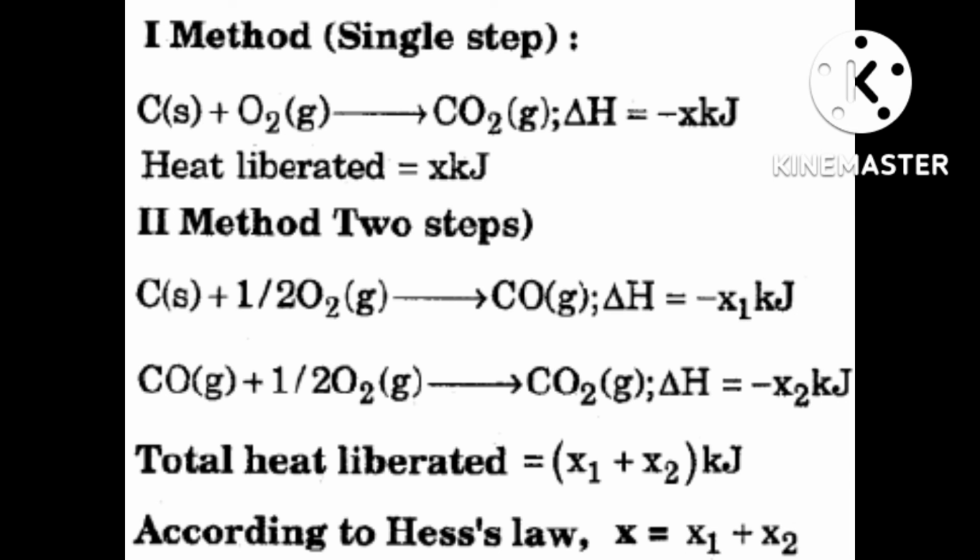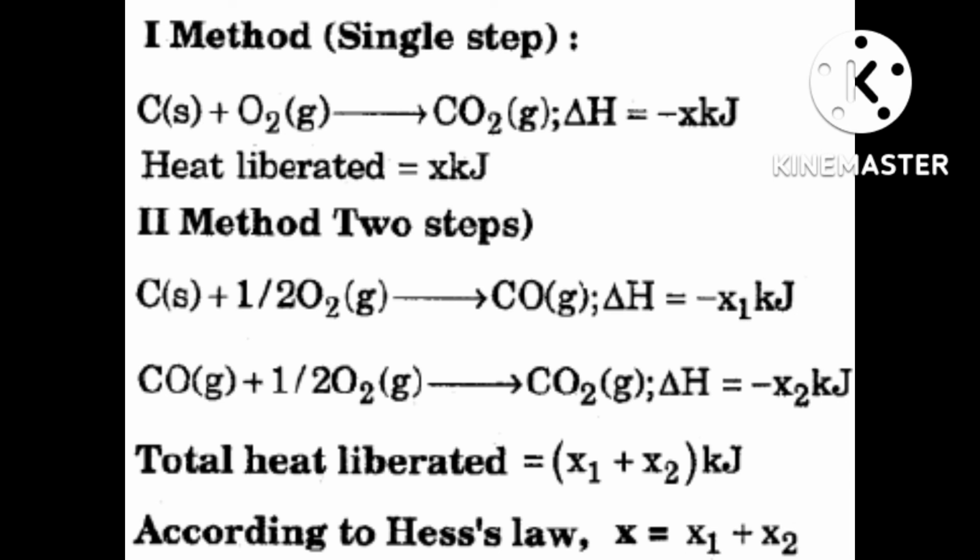You can also represent this by a diagram. A to B is one route: you put a long arrow sign from A to B. That is the direct route, and that is the delta H.